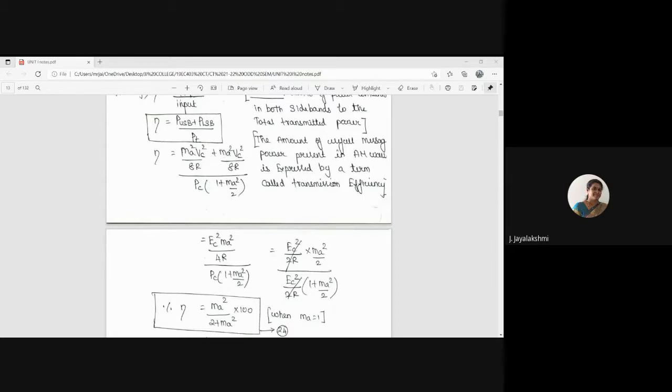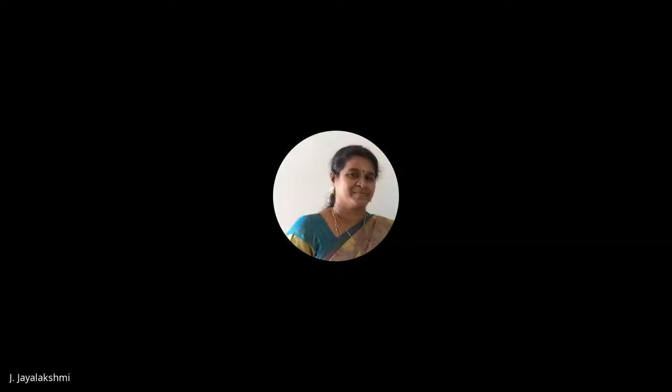You are supposed to determine the power of the carrier and the upper sidebands as well as lower sideband, and also the total sideband power and total modulated power, and also you have to draw the spectrum. So now, from the problem, what is given is, let me open the notebook page so that I can solve it.